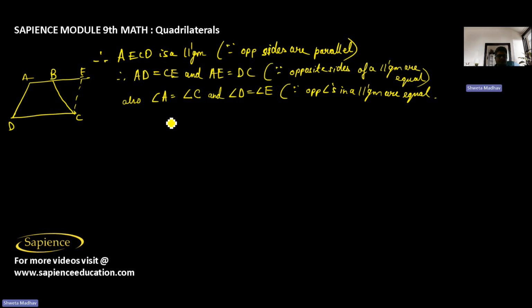So now we can see that these two angles are equal, these two angles are equal, and these two angles are also equal.